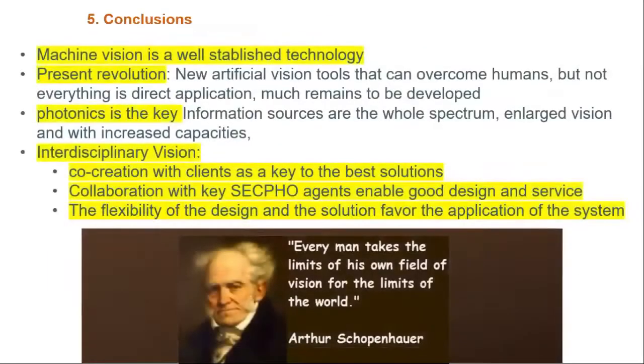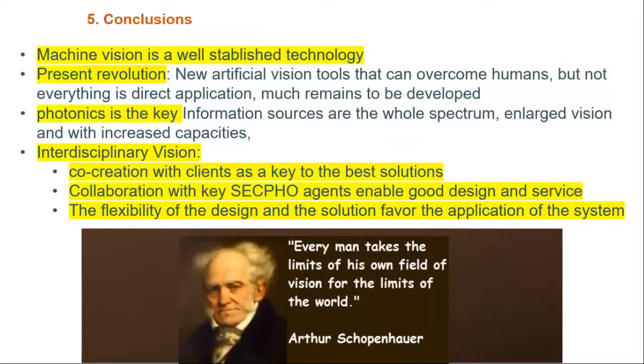Okay, with all those in mind, some conclusions. Machine vision is a well-established technology. There's a present revolution, new artificial vision tools that can overcome humans in some cases, but not all is done. There's still a lot of research to do. Photonics is the key information source and the whole spectrum can enlarge our capability of watching and seeing.